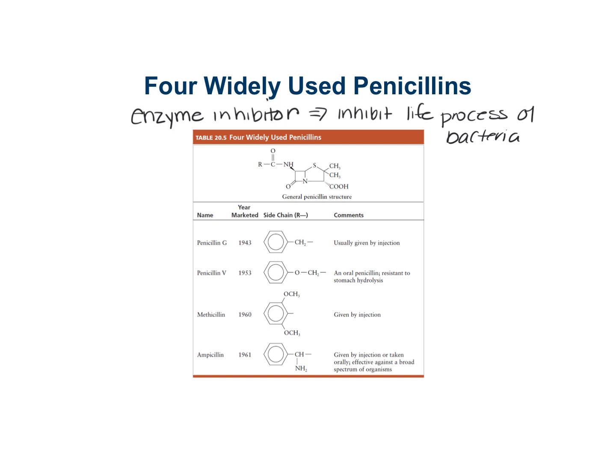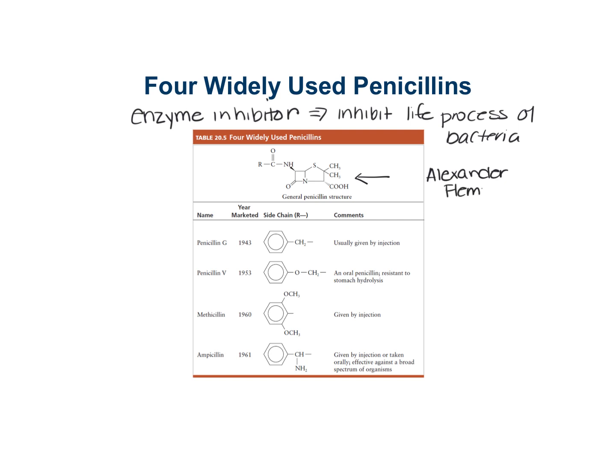So the first penicillin was discovered in 1928 by Alexander Fleming, and he noticed that the bacteria on a culture plate didn't grow in the vicinity of a mold that had contaminated the culture, and that mold was producing penicillin. Now, this is the general penicillin structure here.